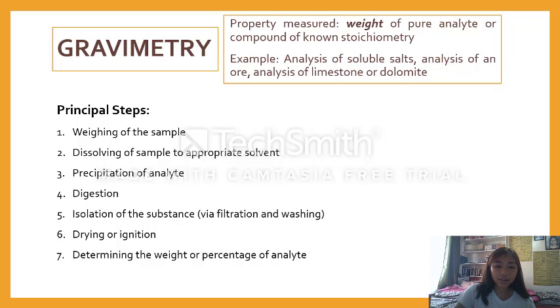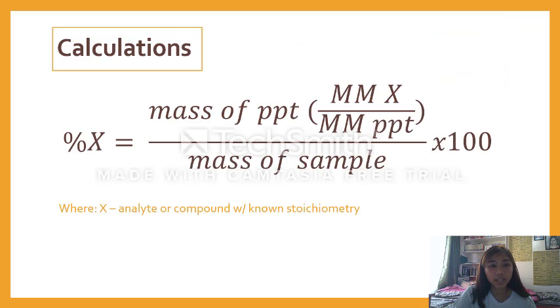Then we can also know the percentage of the analyte using this formula. We have %x, where x is our analyte or compound with known stoichiometry. It is equal to the mass of our precipitate times the quantity molar mass of x over molar mass of ppt, over the mass of sample, times 100.